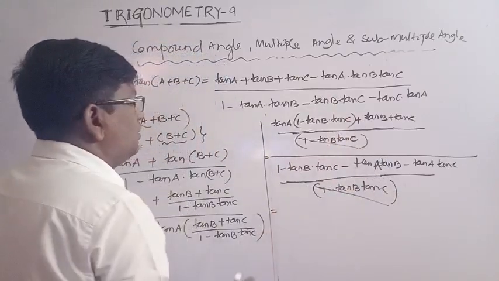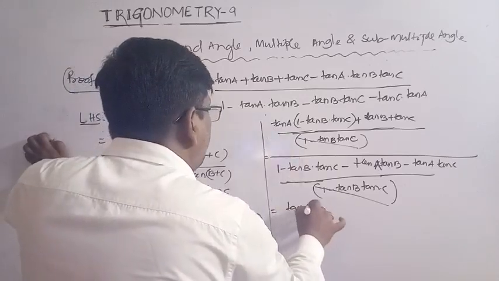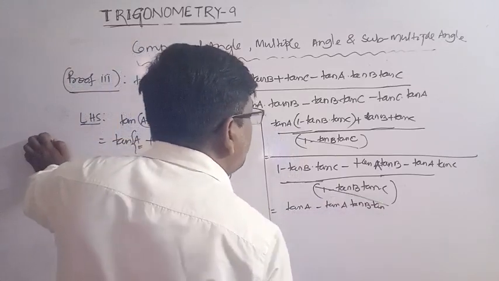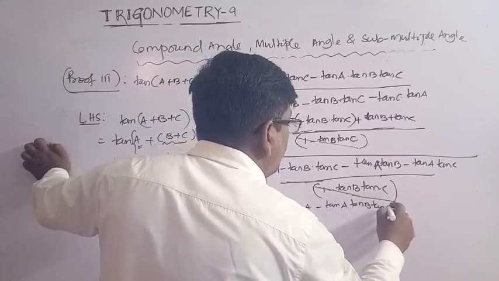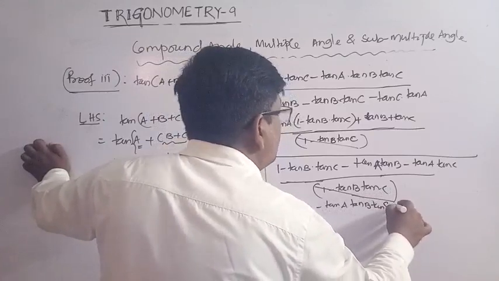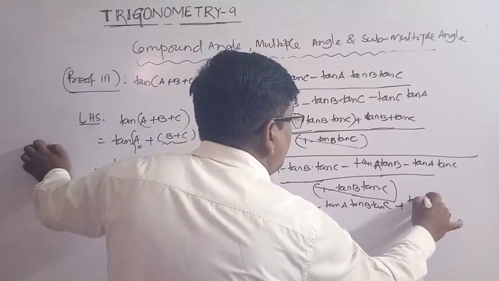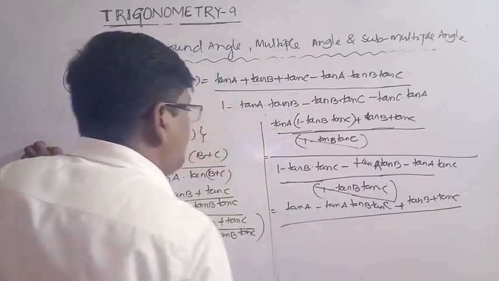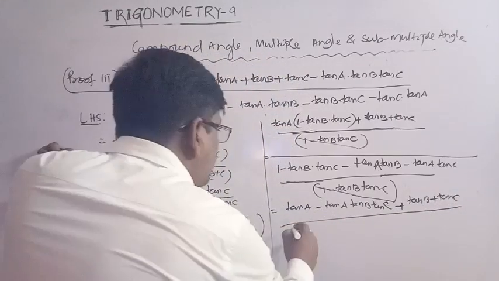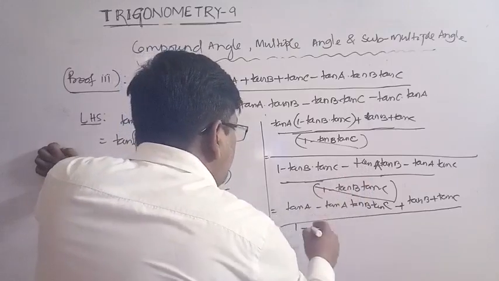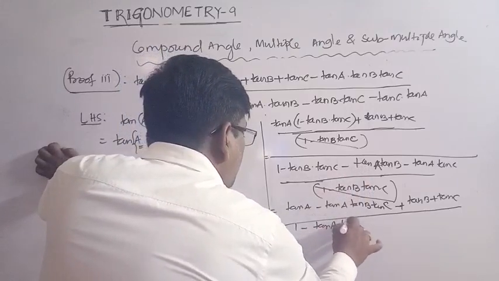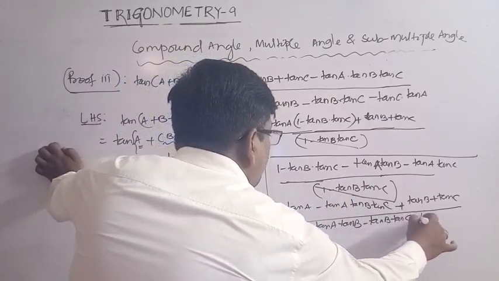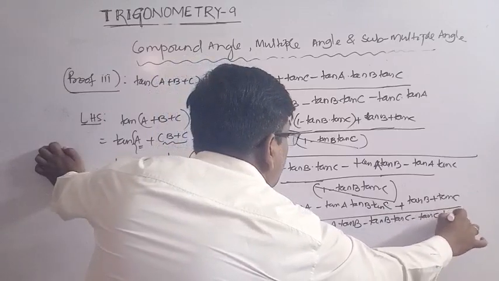This is equal to what? tan A minus tan A into tan B into tan C plus tan B plus tan C, divided by 1 minus, arrange this, 1 minus tan A into tan B minus tan B into tan C minus tan C into tan A.